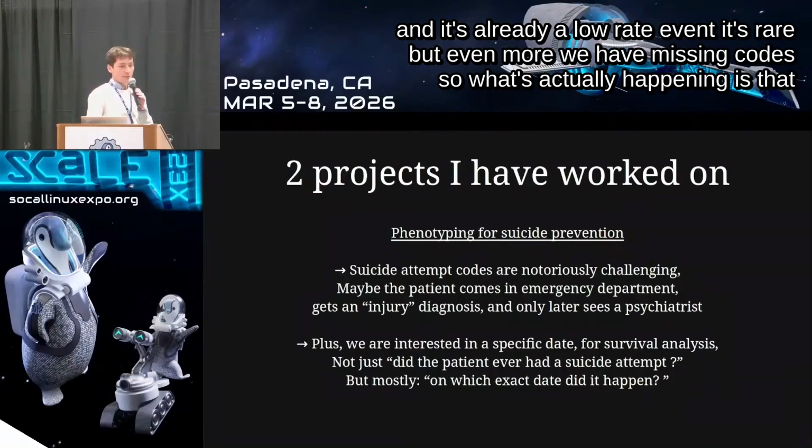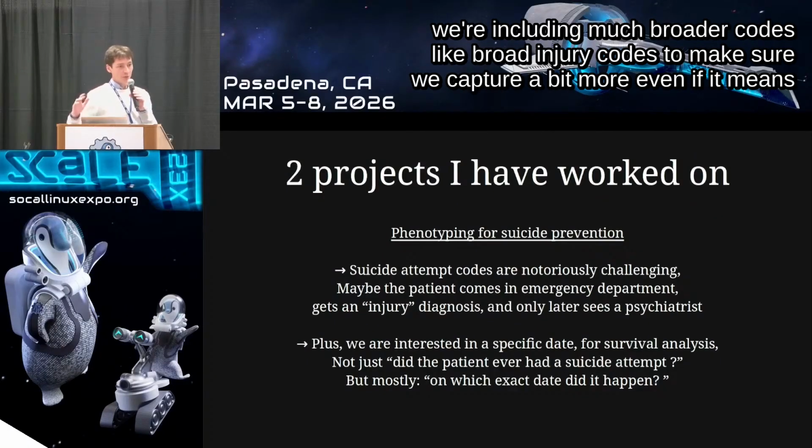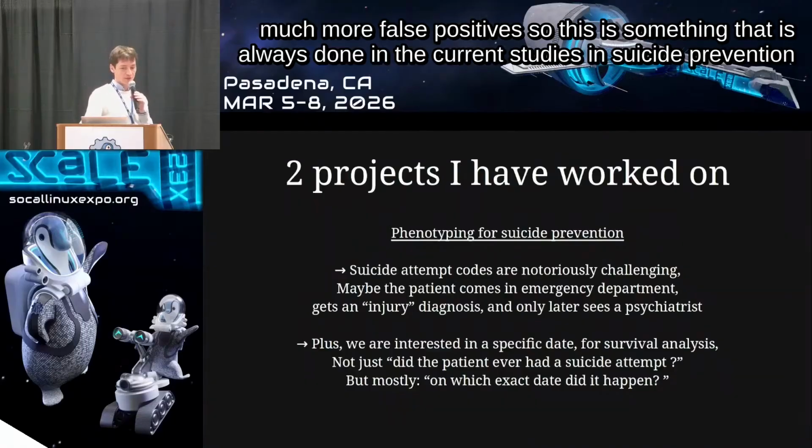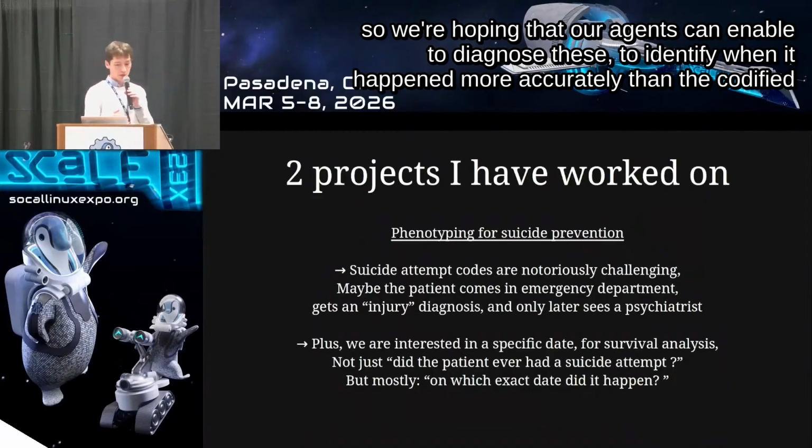So what's actually happening is that we're including much broader codes, like broad injury codes, to make sure we capture a bit more, even if it means many more false positives. This is something that is always done in the current studies in suicide prevention.